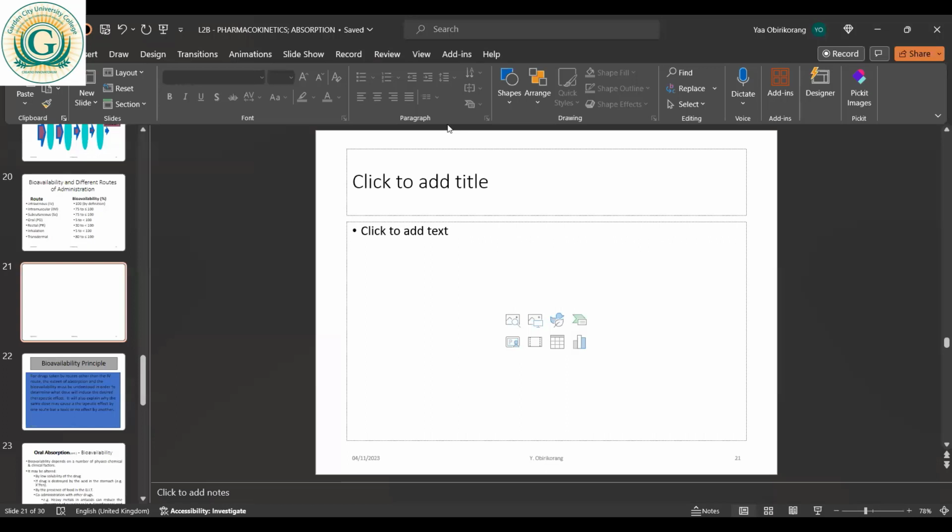Can somebody try and give me the answer? If you understood what I said, please try your hands on it. We are saying that the bioavailability is the fraction or the quantity of the drug that reaches systemic circulation, and for paracetamol, the bioavailability is 88%.